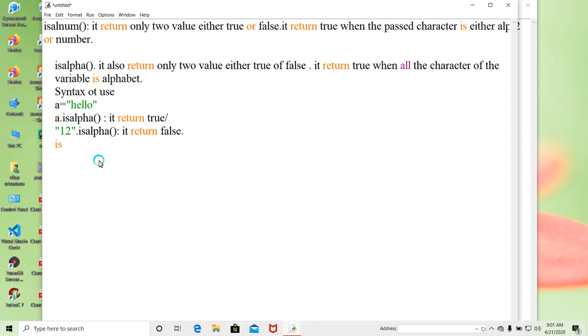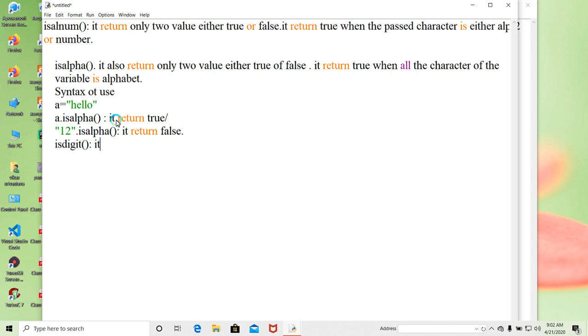Same as it is, we have isdigit. One thing is common: all the string functions whatever I am writing, which are used to check, return only two values, either true or false, whether it is isalphanumeric, isalpha, isdigit. So wherever each of these words is used, it returns only two values, either true or false.